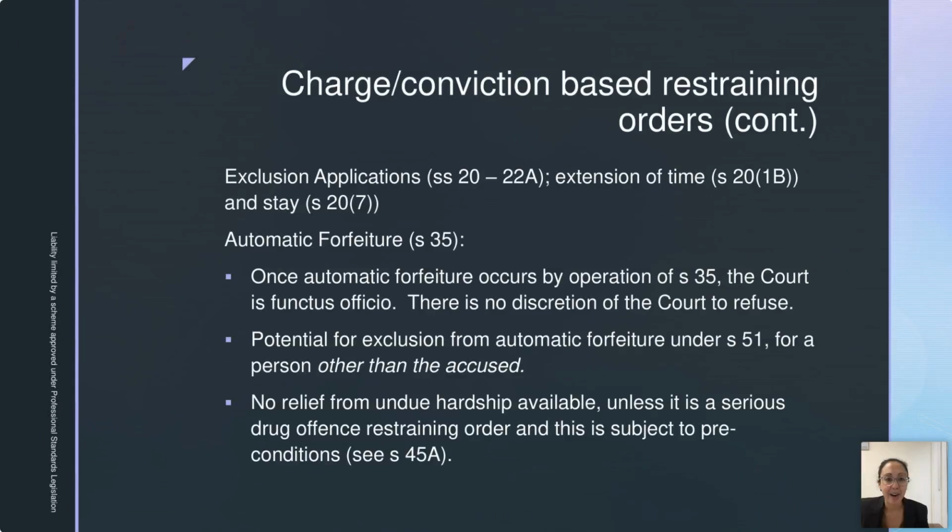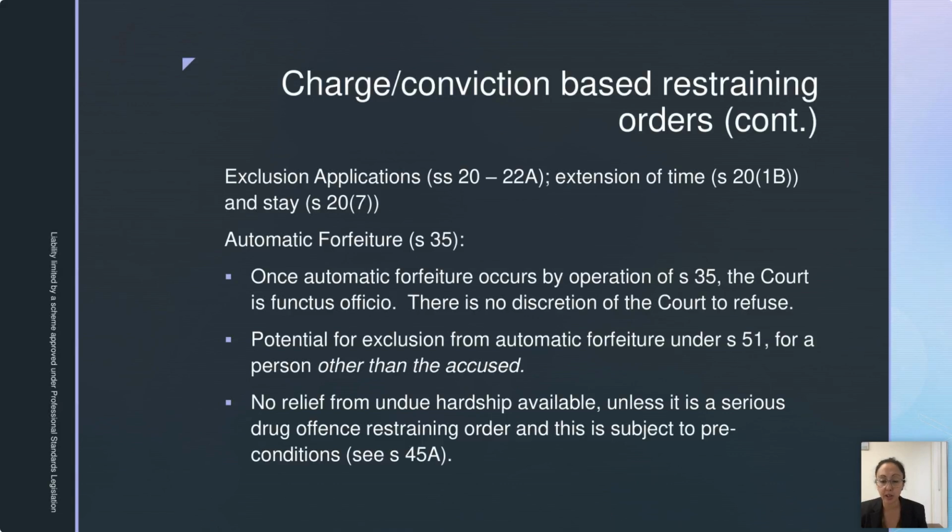Set out there, exclusion applications. Like I said earlier on in the piece, the time for filing exclusion applications is determined on the specific circumstance of your client.